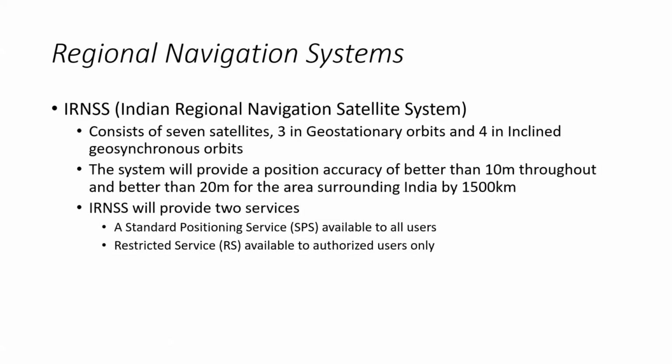That is the difference. These are launched by specific countries for more accurate coordinates for that region only. Don't get confused. You cannot compare IRNSS with GPS. That is global coverage; this is regional coverage. Okay, am I clear?